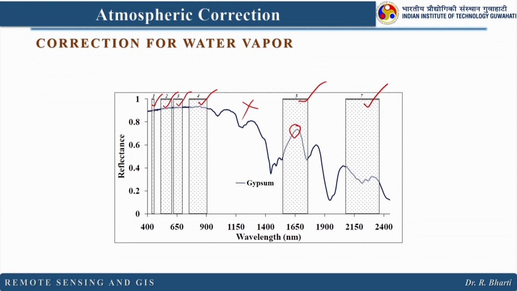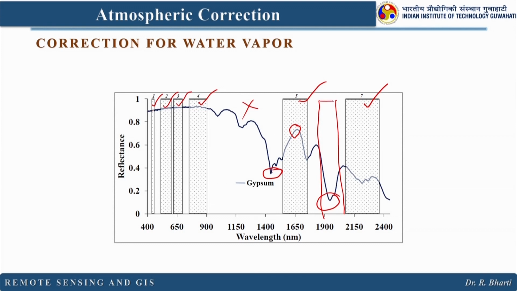So, now here this 1.4 micrometer and 1.9 micrometer, that is coming because of the atmospheric water, right. So, you can see that during the designing of this particular sensor, people have taken care of this wavelength, and so that they did not put any band here, right?